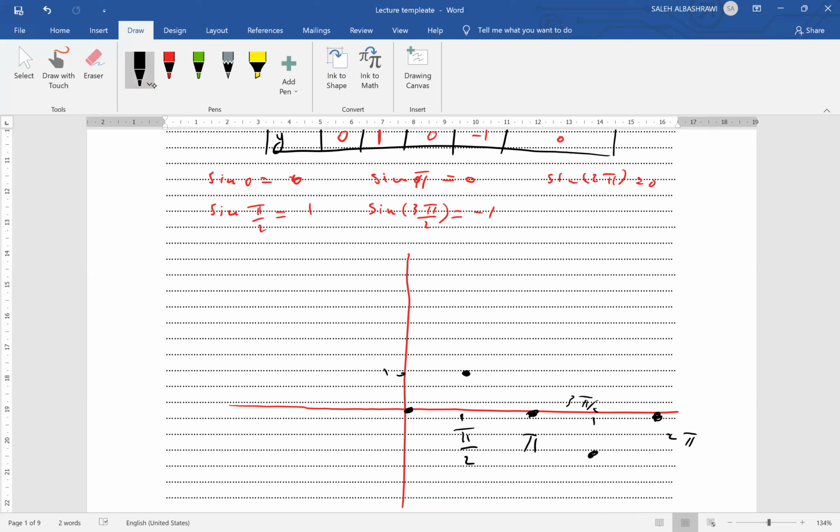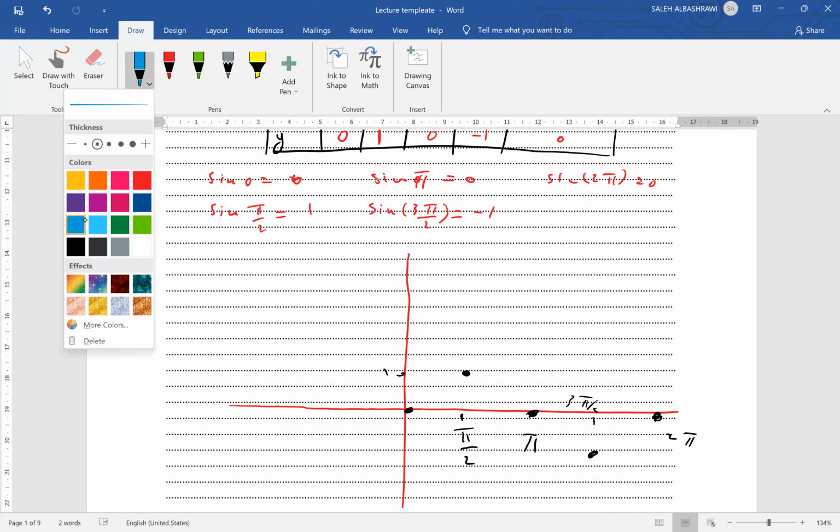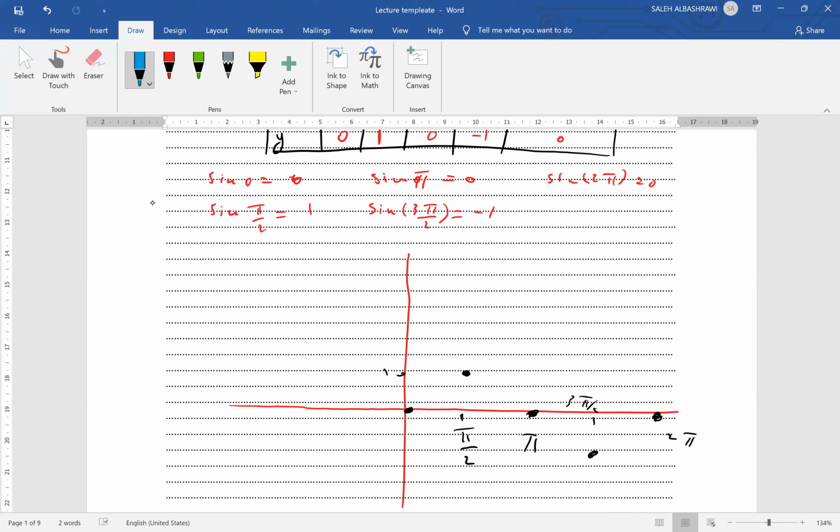So the graph will start from 0, 0 and take this shape. To be more accurate, it is a curve. It is not a straight line. That is not correct. We have a curve for the sine function.